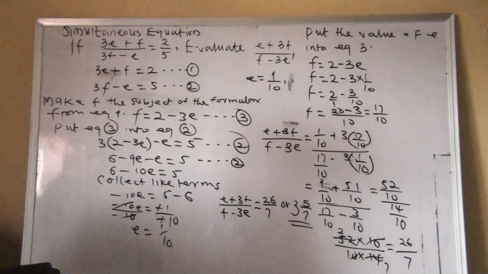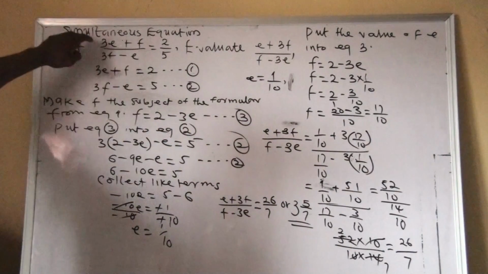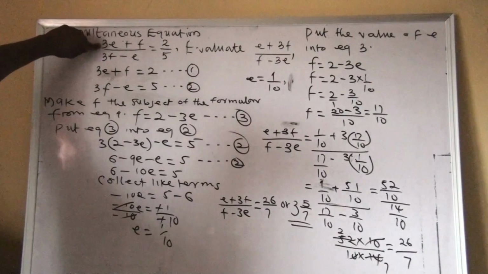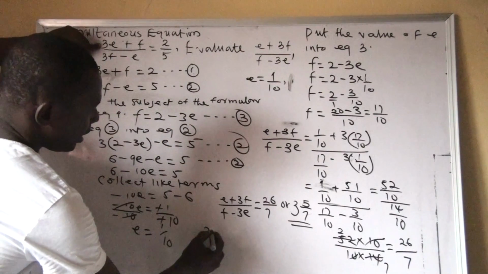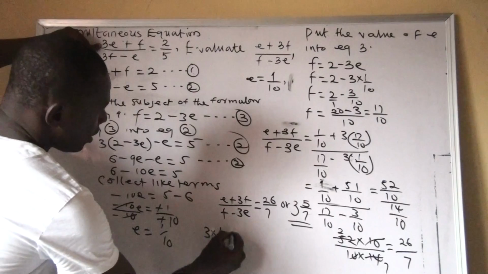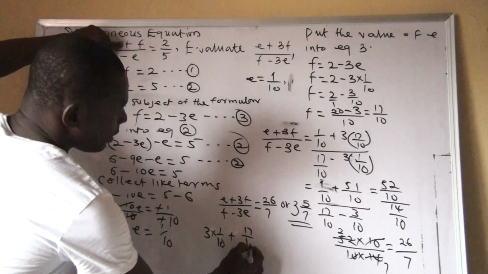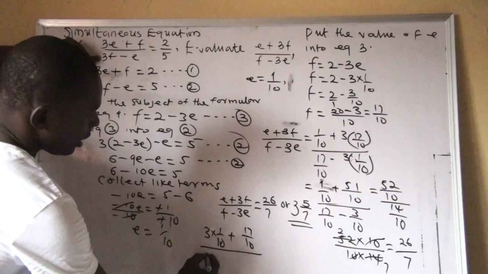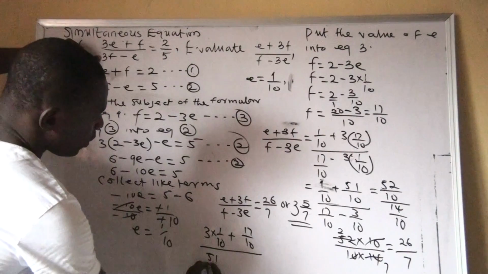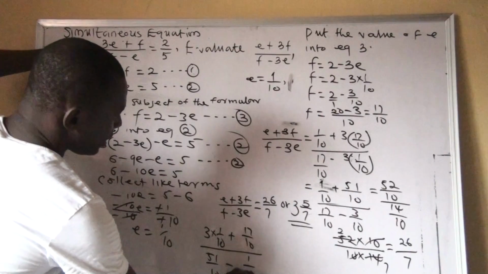But in this instance, we want to know whether we are correct in our working. If we put the value of e here, let's see. We have 3 times 1 over 10 plus f, which is 17 over 10. Here is 3f, which is 51 over 10, minus 1 over 10.